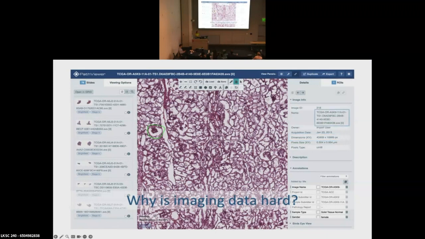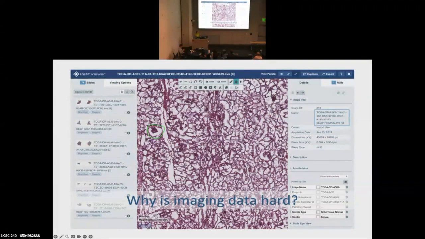There's also a lot of complexity in terms of the formats that this data is written in. And so we have a lot of fabulous vendors in bioimaging who are motivated to write data off their instruments as quickly as possible. And so they create file formats that enable them to do that. And that's not fundamentally a bad motivation, but what it leaves us with is a lot of proprietary file formats that are not interoperable.